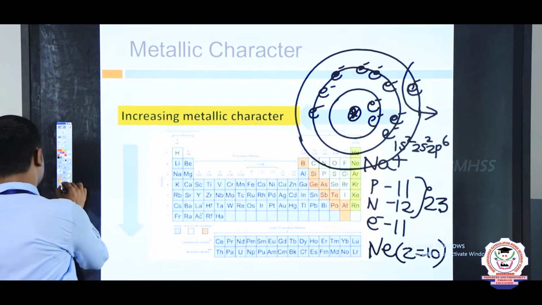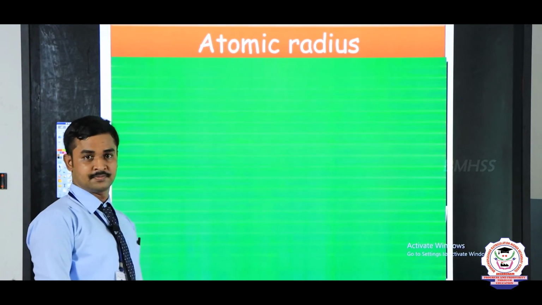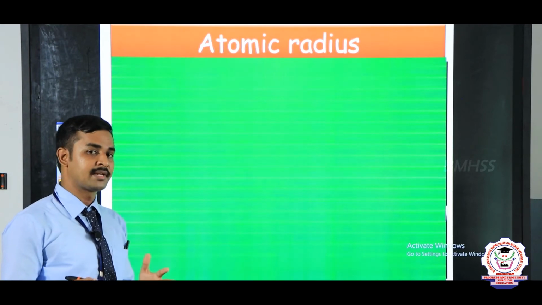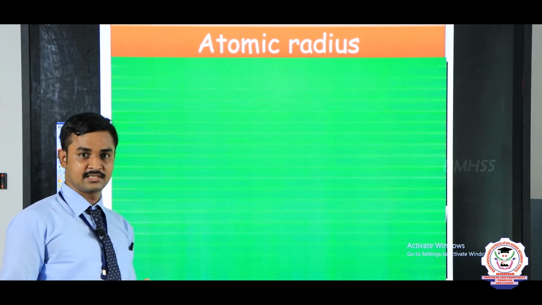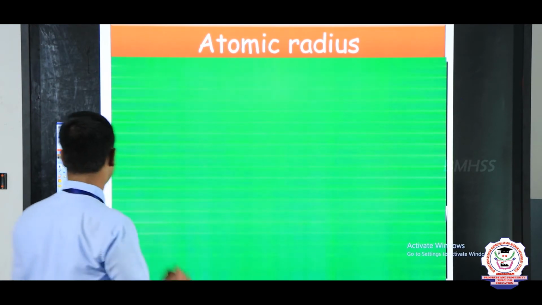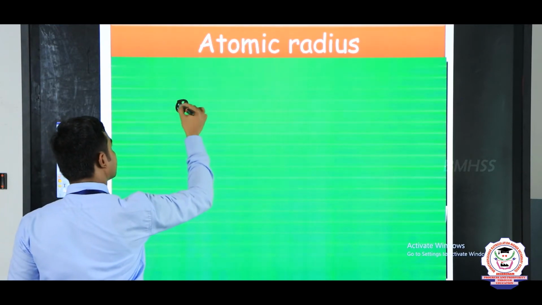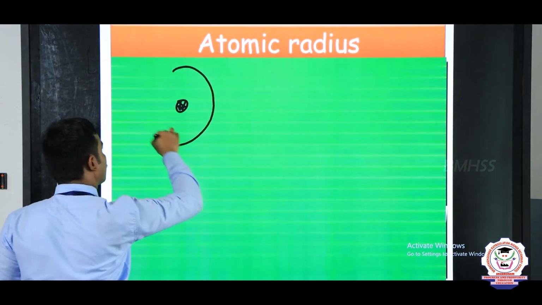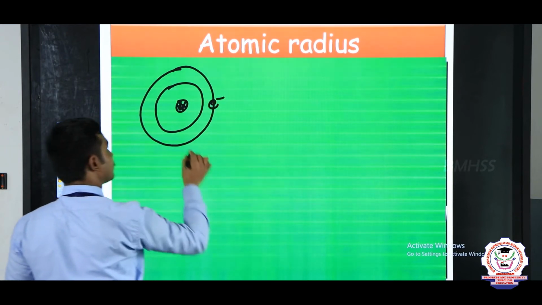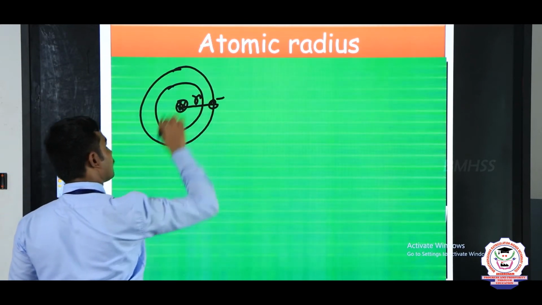And the next property for p block elements is atomic radius. To find the atomic radius, what do we want to do? You already know that atomic radius is the distance from which to which? Right, from the nucleus to the last outermost electron, correct. Now, I draw one atom, with the nucleus, and it contains many orbits in which the last orbit contains the last electron, you know, and that distance is the radius of the atom.